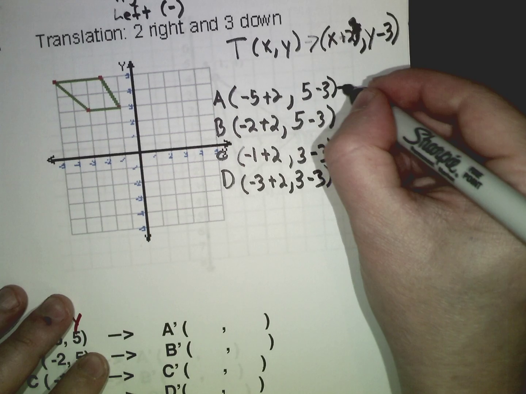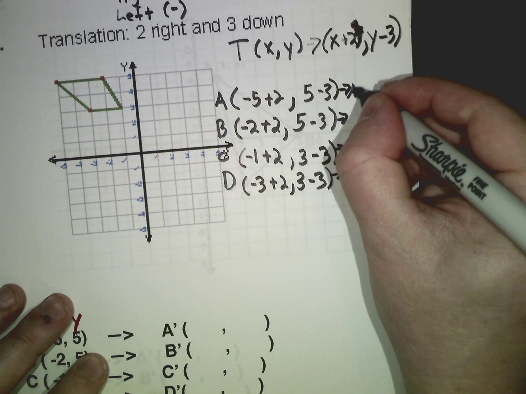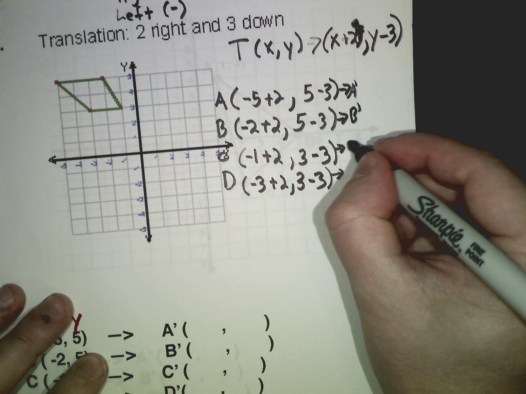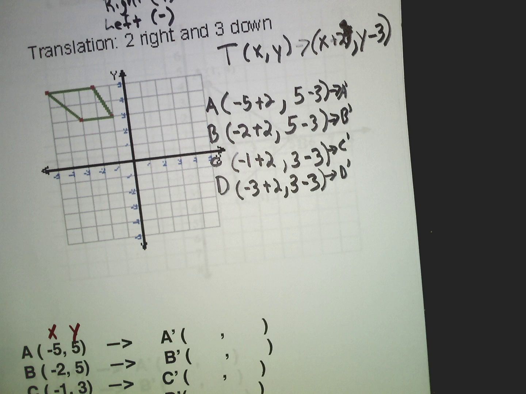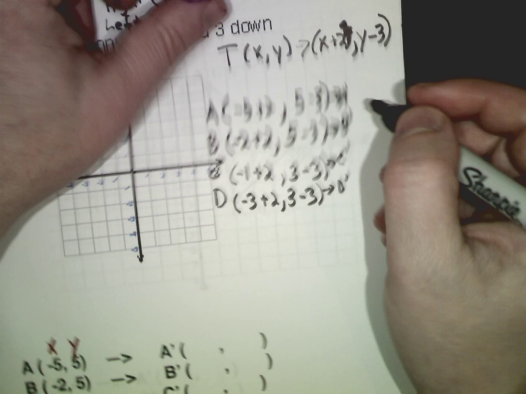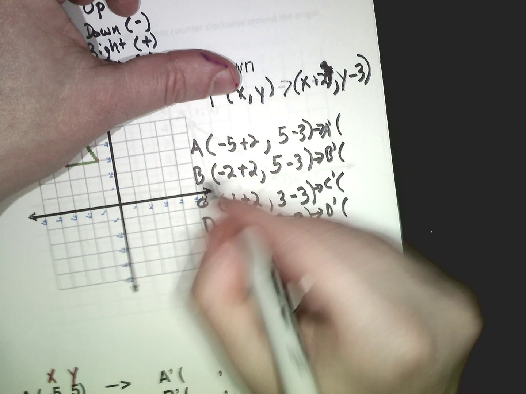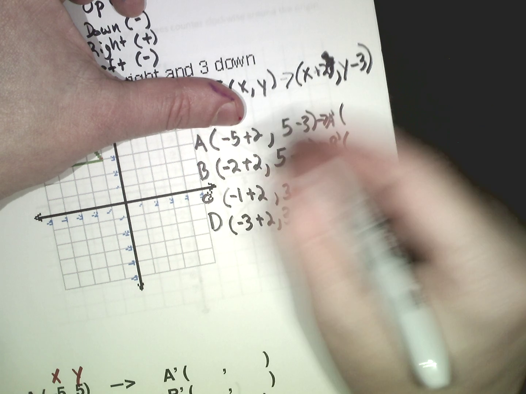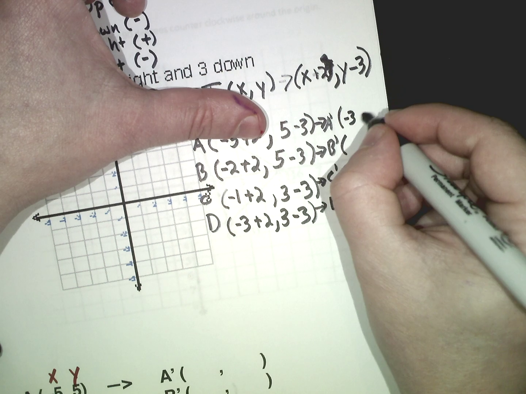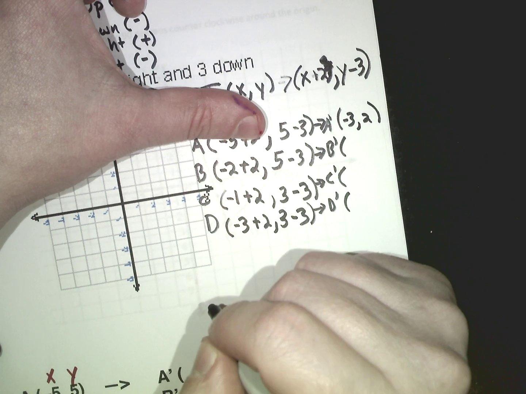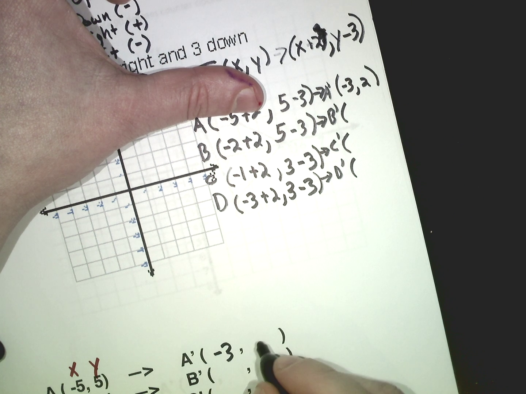So now, when I do my work here, and I make A prime, B prime, C prime, and D prime, it's simple math. Use the calculator. Negative 5 plus 2, I'm going to do it in my head. Negative 3. Because I know 5 minus 3 is 2. Negative 3, comma, 2.